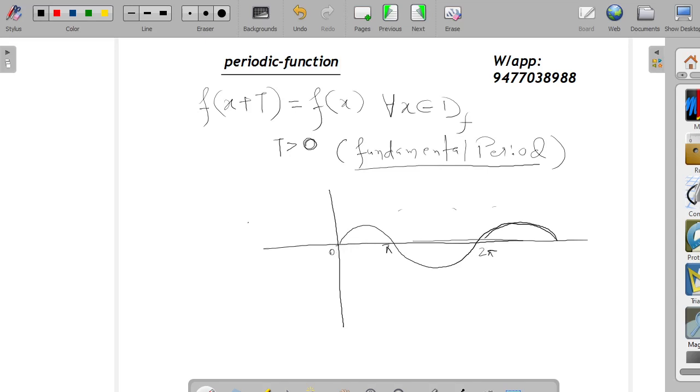This length represents the period of sin x. After this interval, the graph of sin x will repeat itself. So 2 pi is the fundamental period of the function.